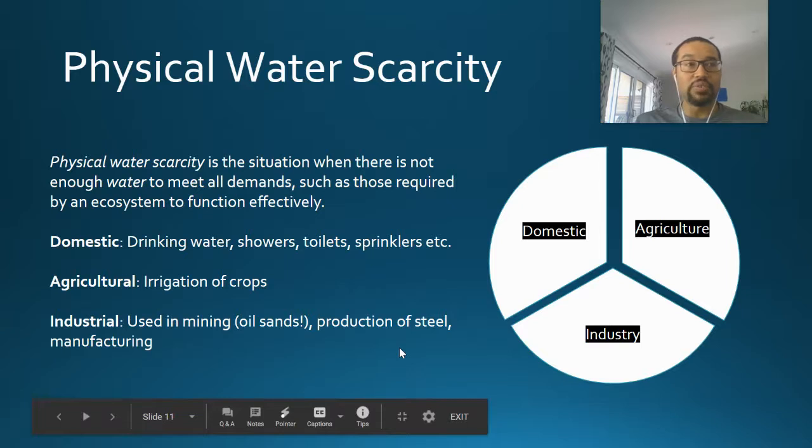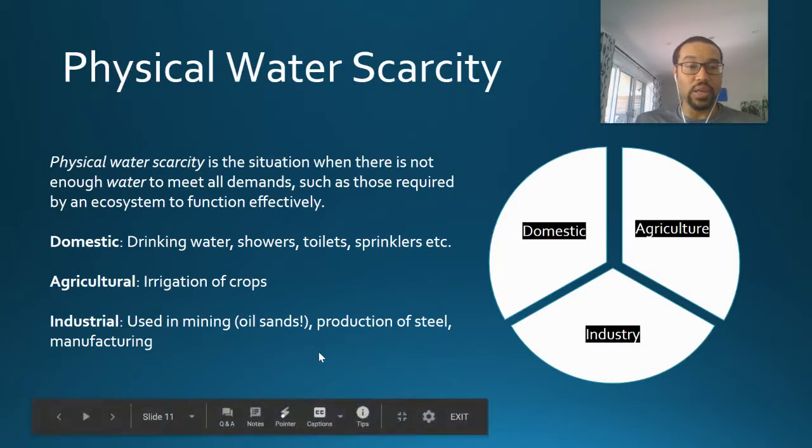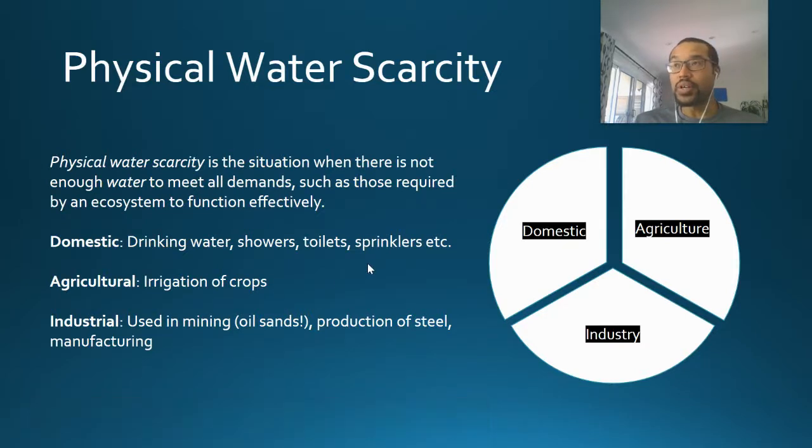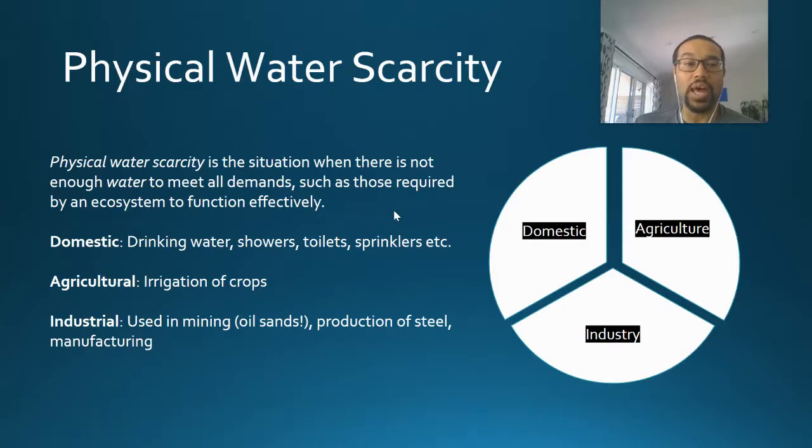In the steel industry, obviously, steel is used in the manufacturing of all sorts of products in construction, a big industry that uses a lot of water as well. And agriculture, obviously, crops need water, so irrigation, the use of water on the fields instead of just relying on rain, uses a lot of water as well. Those are the big sources of demand for water, and physical scarcity occurs when there is just not enough supply to meet that demand.